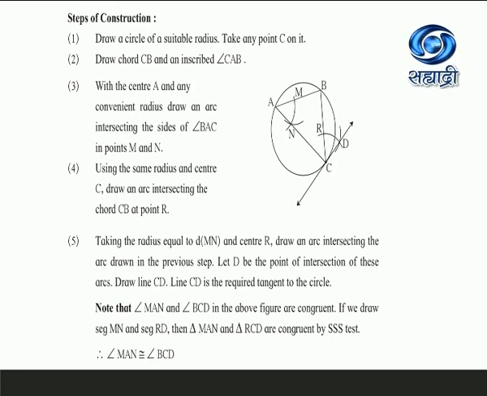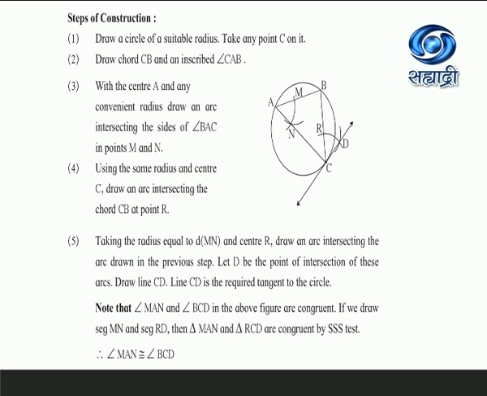Now note that angle MAN and angle BCD are congruent. If we draw segments MN and RD, then triangles MAN and RCD are congruent by the SSS test, because the arc distances AM and AN are equal to RC and RD, and the third side MN is congruent to RD because that is the distance we have taken.